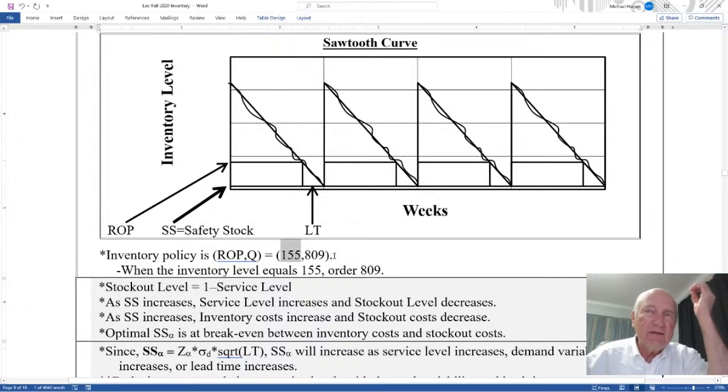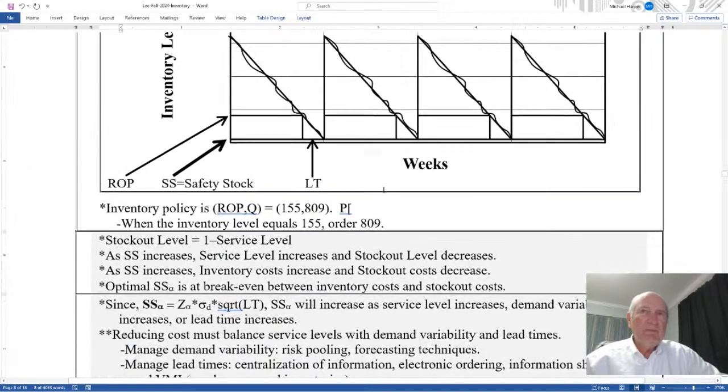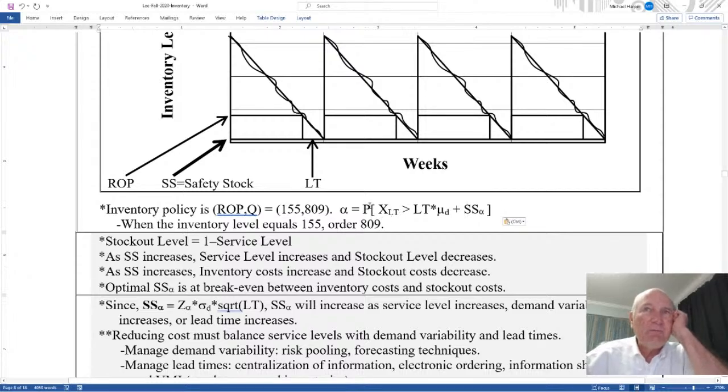So the probability that the demand during that lead time is greater than the ROP of 155, I'm going to have stock out. And this is ROP. Well, that's alpha. That's the stock out level.